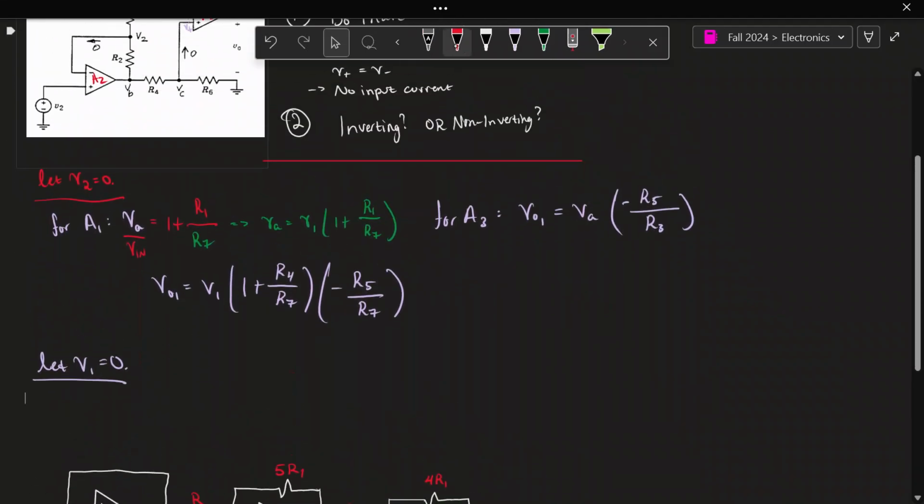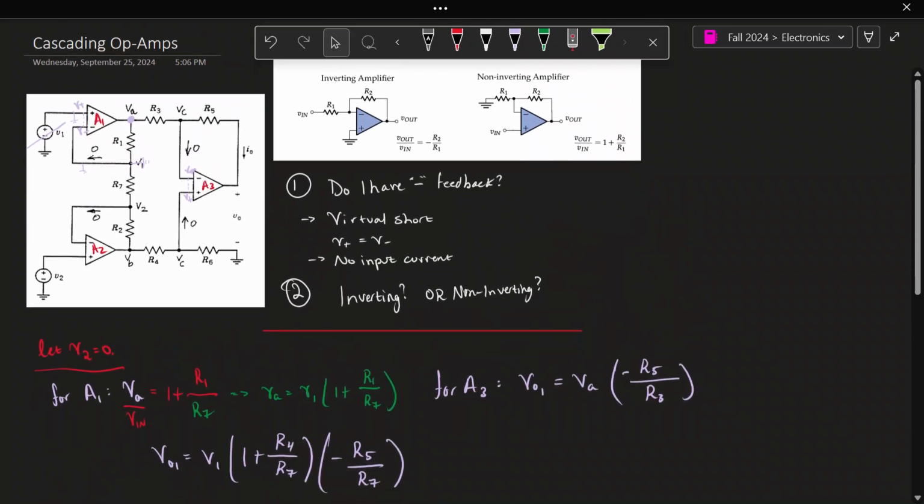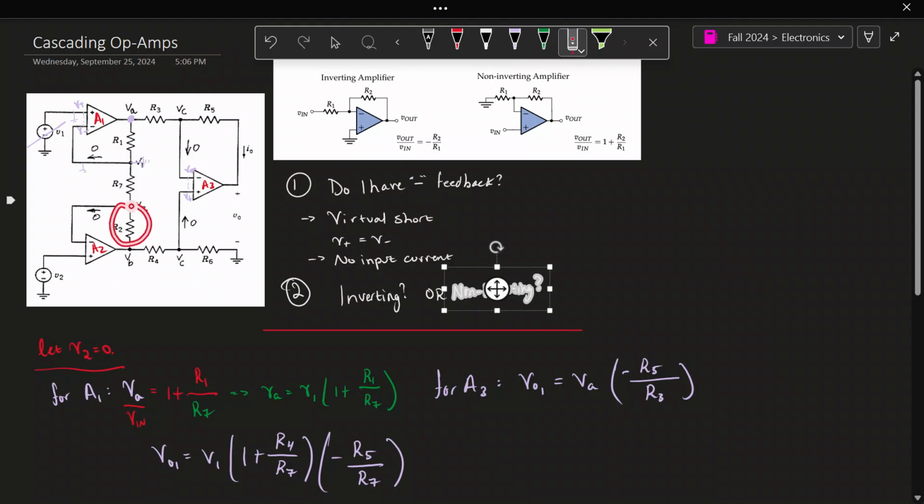So what we have here is V, and we'll call this VB, is equal to V2 times 1 plus the feedback resistor, which is what? R2. If we look again, the feedback loop is right here. R2 lies on the feedback loop.